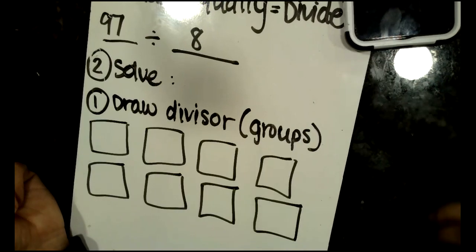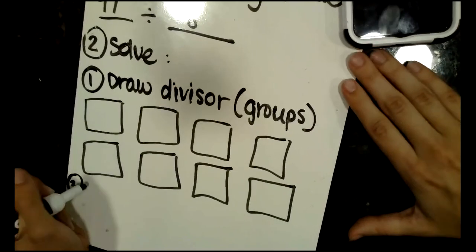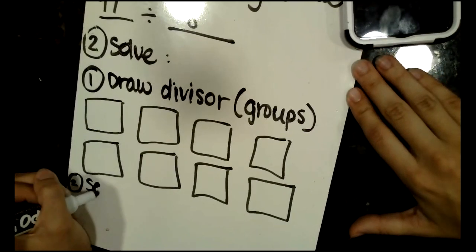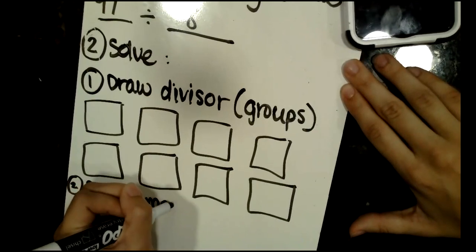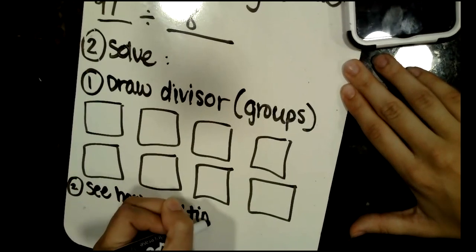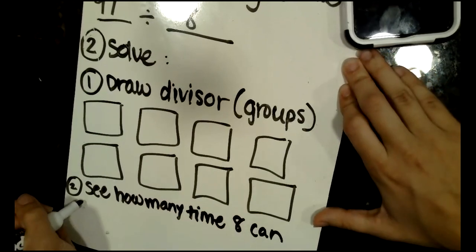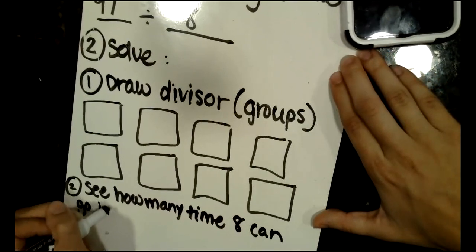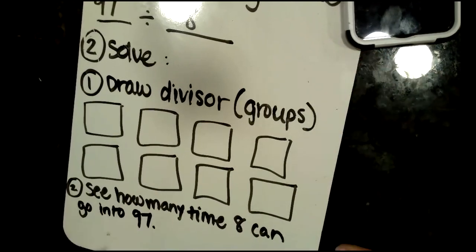Now that I have my 8 groups drawn, I go to my second step, which is to see how many times my divisor, or 8, can go into 97. This is that partial portion we were talking about.